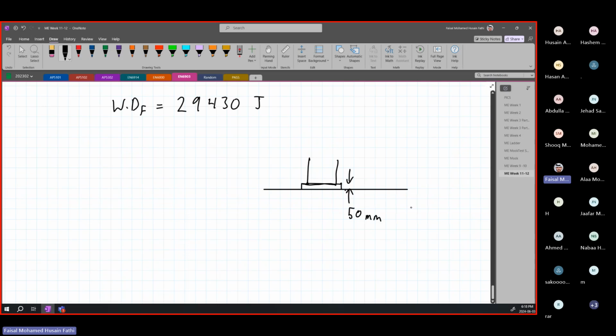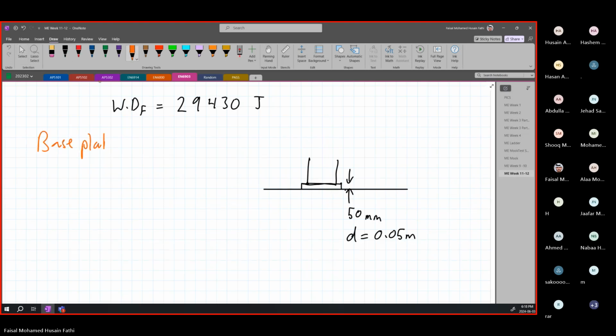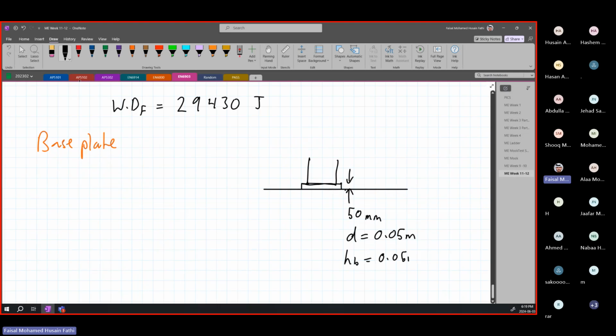It's basically absorbing work, so it's doing work to absorb the impact force from the hammer. So the distance now is going to be equal to 0.05 meters or 50 millimeters. So now we're talking about the base plate. This distance, which you can call height B, is 0.05 meters because it's a height, from here to here. It's a vertical distance, which we usually call height.